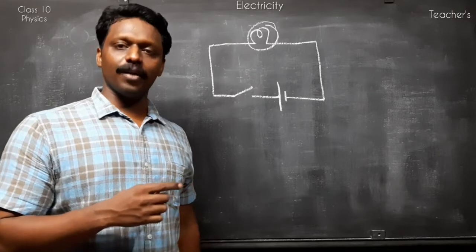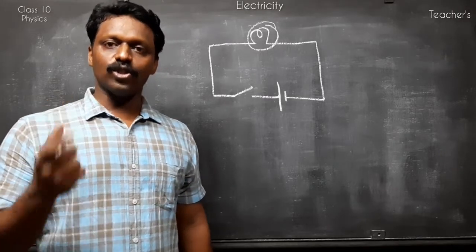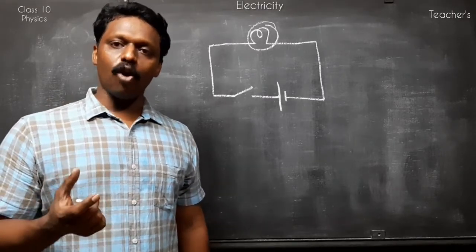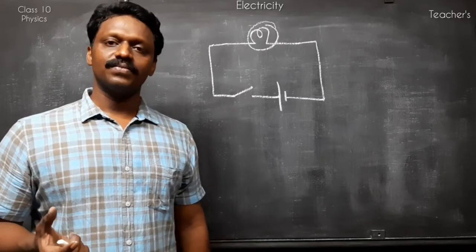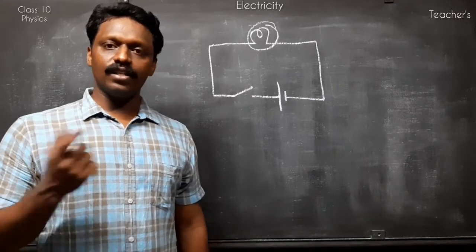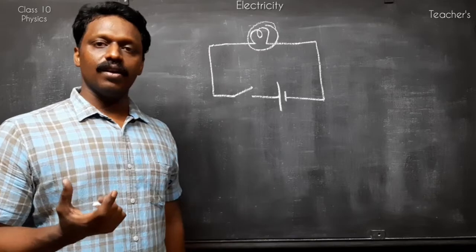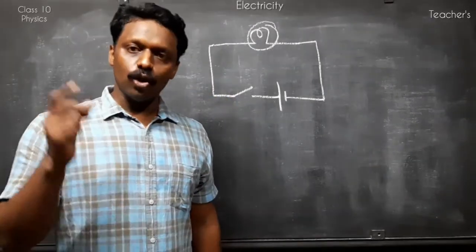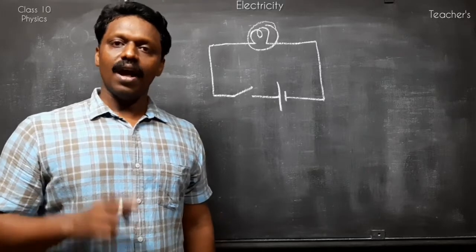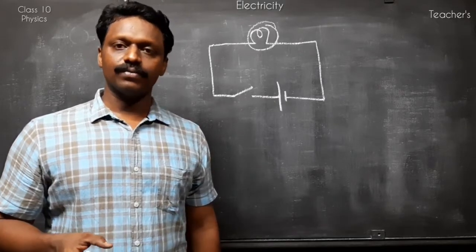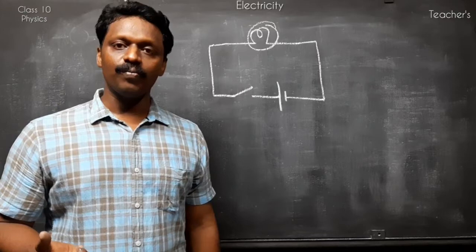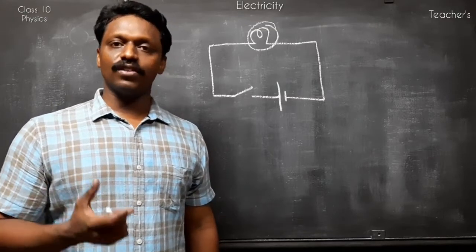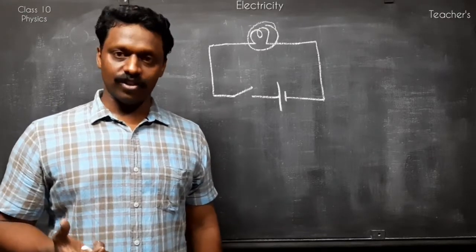In the circuit diagram, a bulb has been connected to the two terminals of the cell by copper wires through an open switch. The circuit given in this figure is broken due to the gap because of an open switch. So no current flows in this circuit and the bulb goes off, or we can say the bulb doesn't glow. The electrons cannot flow in this circuit due to the gap produced by the open switch.